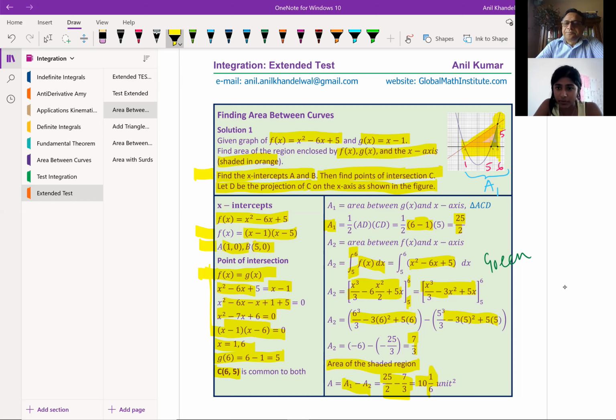But since we've already got 1 as 1, 0, which is A, we know the other x-intercept is 6. Then you simply substitute the x-value into one of the easier functions, in this case g of x, and you get 6, 5. So that's the point of intersection.